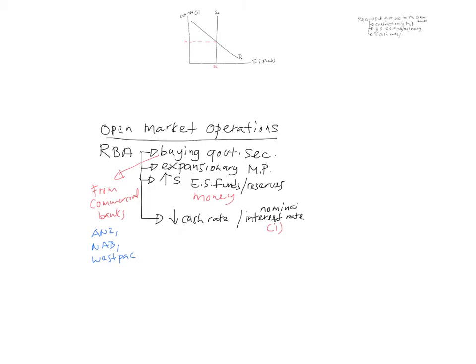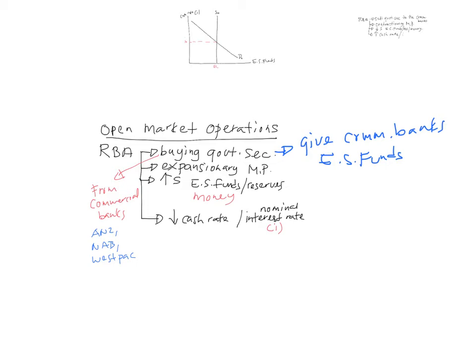When the RBA buys government securities from the commercial banks, the RBA has to pay the commercial banks. So it has to give the commercial banks exchange settlement funds. Basically, it has to give them money. It has to put money into their account at the RBA, and in return, the commercial banks will be giving the Reserve Bank of Australia the government securities.